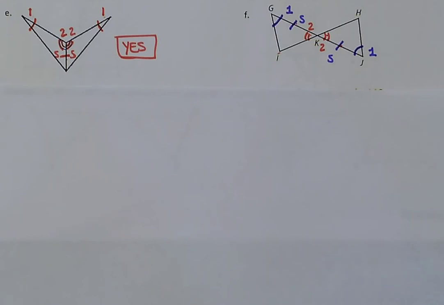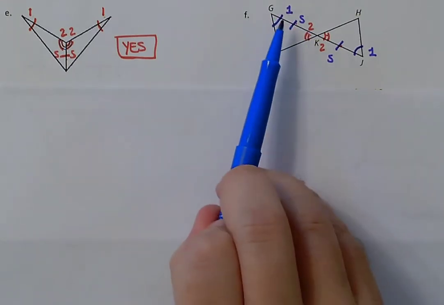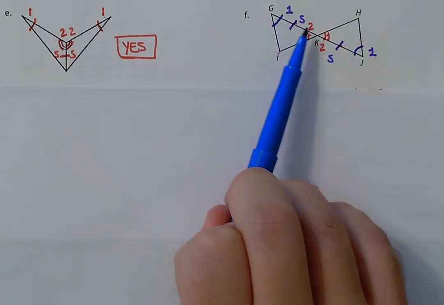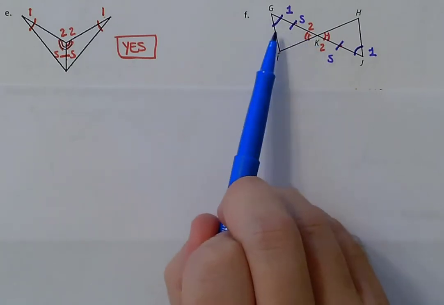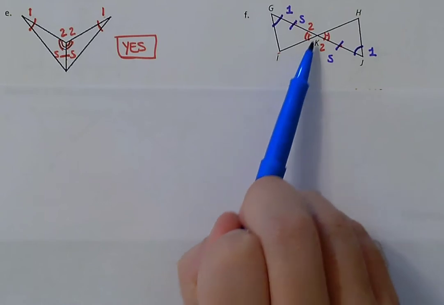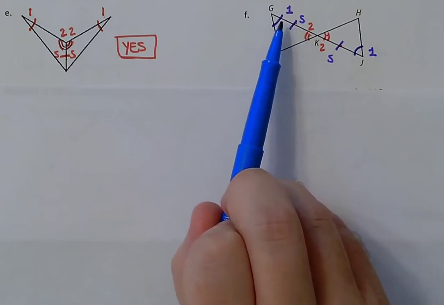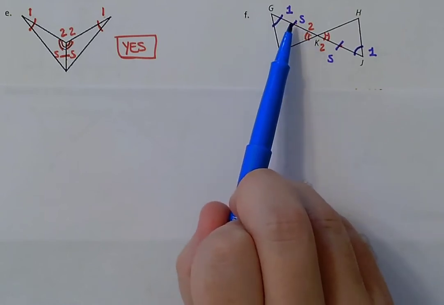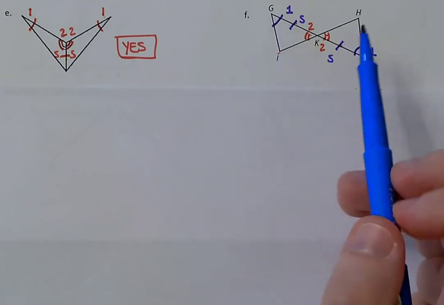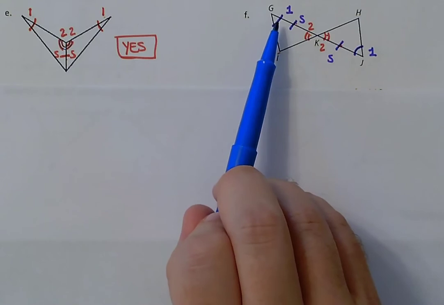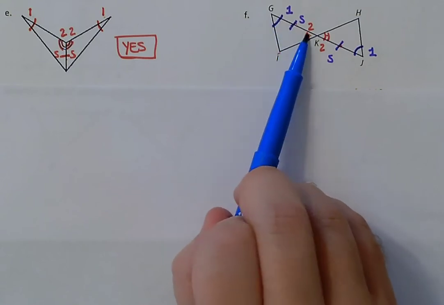Well, if I go through, this goes angle 1, to the side, to angle 2. I know that I cannot jump around. So I cannot do angle 1, angle 2, side, so I couldn't do angle, angle, side. You cannot jump around. So the only way this is going to work is by angle, side, angle.